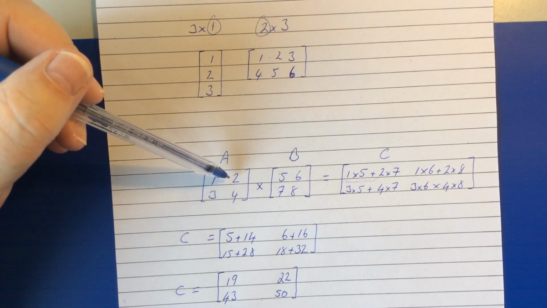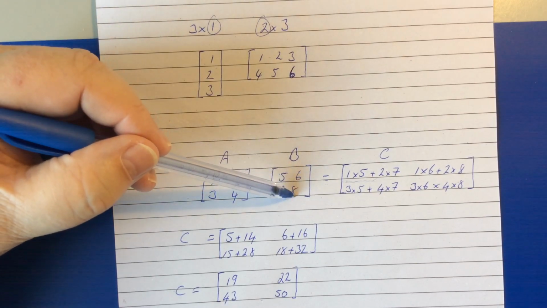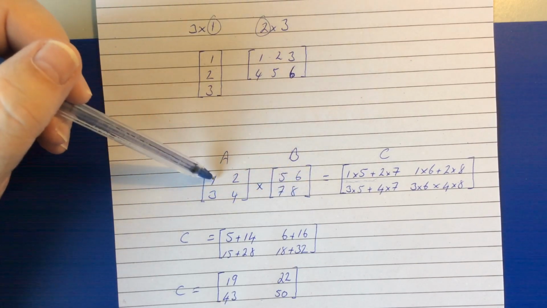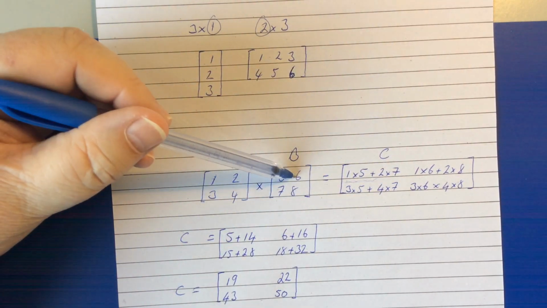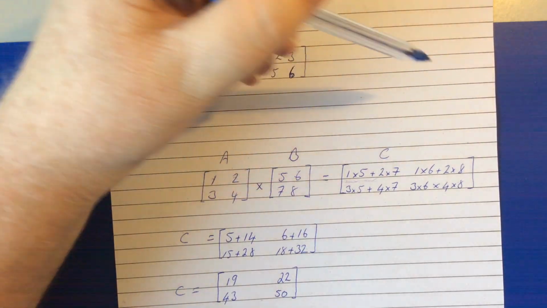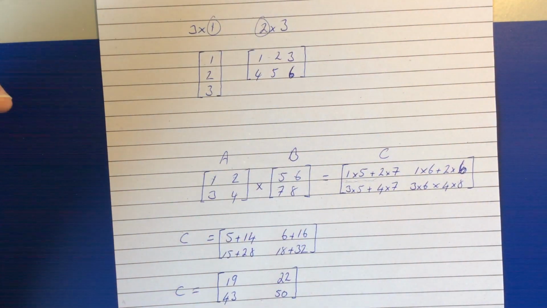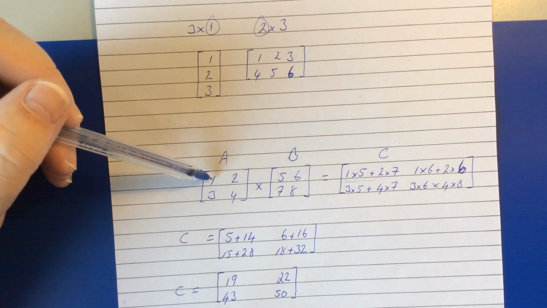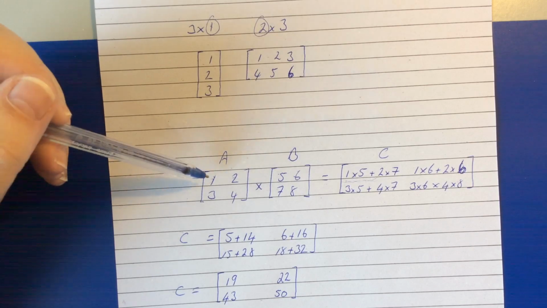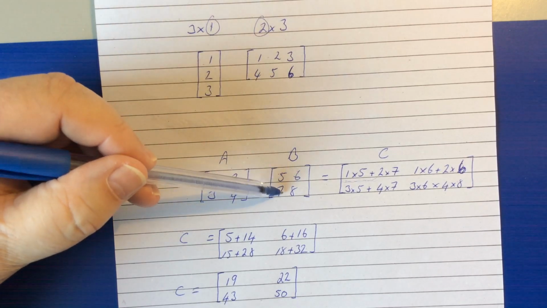Next thing we do is we take 1 and 2 and we multiply down through this row. So we go 1 times 6, which we have here, and 2 times 6, which we have here. That should be a 6, which is probably going to throw out my working. The next thing we do is we take 3 and 4 and we multiply by 5 and 7.